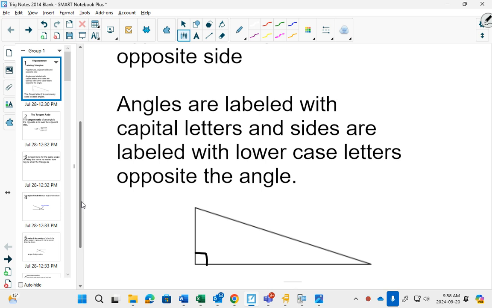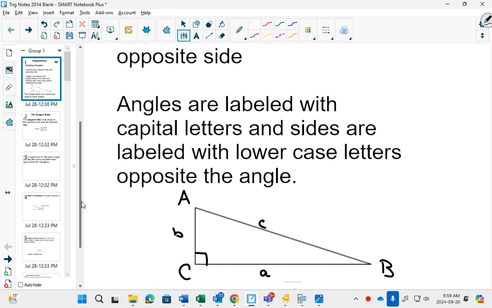Angles are labeled with capital letters, and sides are labeled with little letters. So if this is capital A, this is capital B, and this is capital C, then we would say this side length is little a, this side length is little b, and opposite is little c.